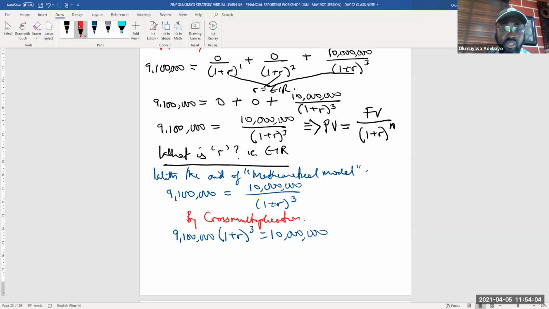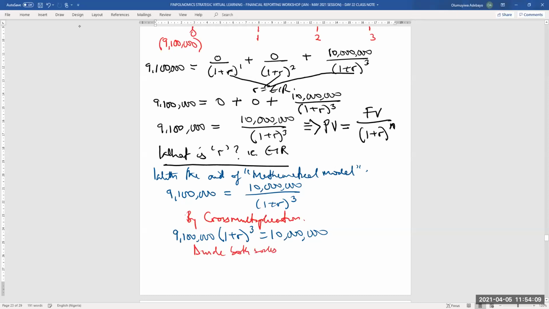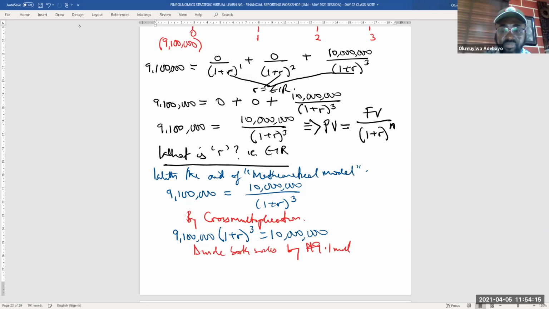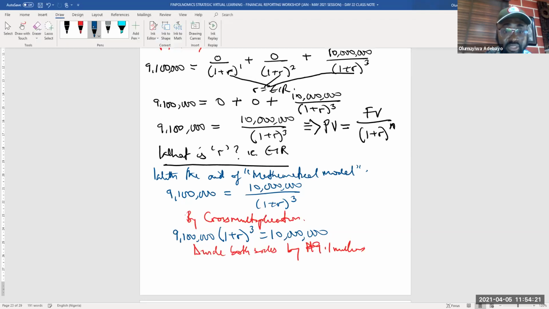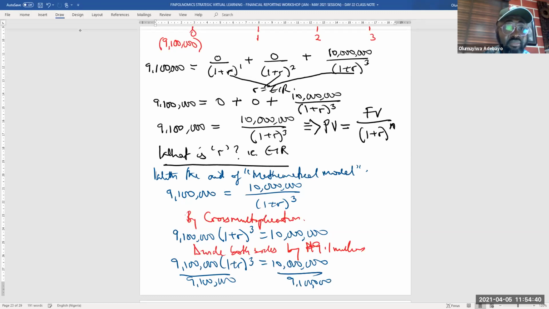I can go further to say, divide both sides by 9.1 million, which means that 9.1 million times 1 plus R, which is the original equation, equals 10 million, is divided at both sides by 9.1 million. If I do that, by way of cancellation, this cancels out this.